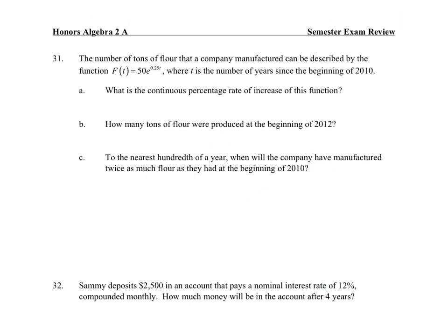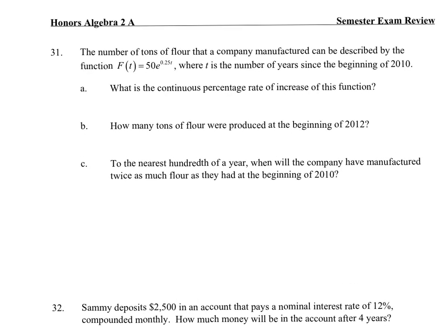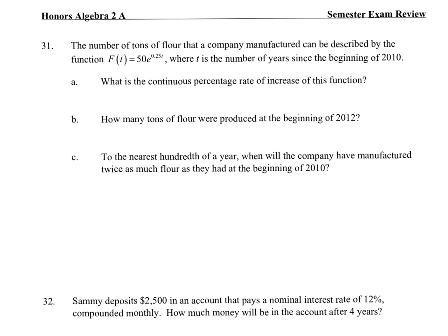All right. Looking at the word problem, what is the continuous percent rate? Well, that's up here in the exponent. So as a decimal, it's 0.25, which is 25%. All right, 2012 is 2 years later, so we're going to substitute 2 in for t.